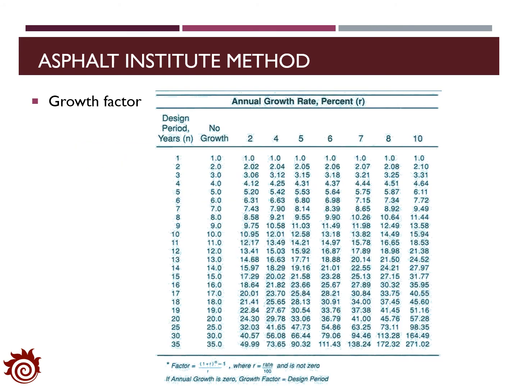The table here shows the growth factor applied for the estimation of ESAL, which is GF in the previous equation. It actually can be estimated based on the equation: 1 plus r to the power of n, minus 1, divided by r. Here r is the annual growth rate, which is the value in this row, and the design period is shown in the first column.